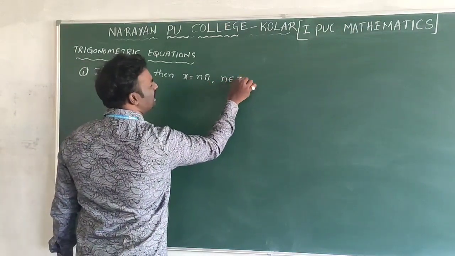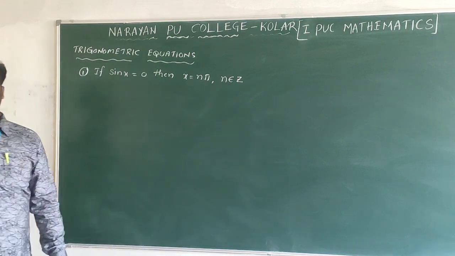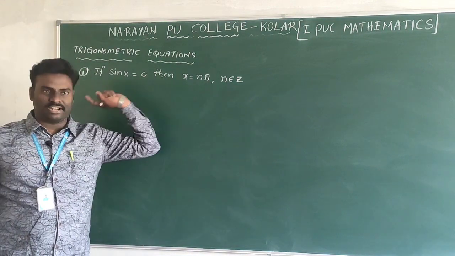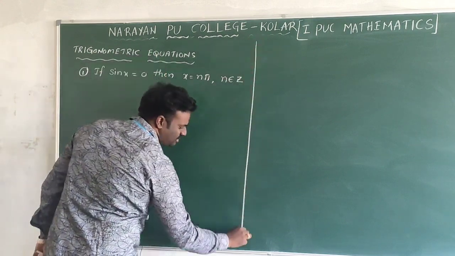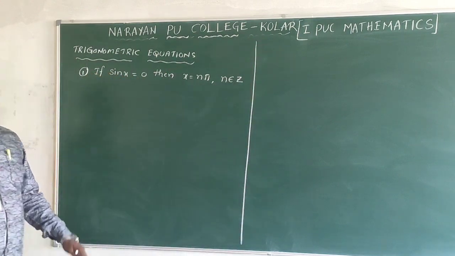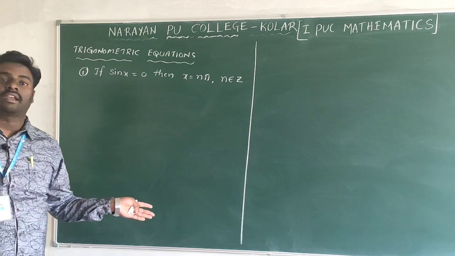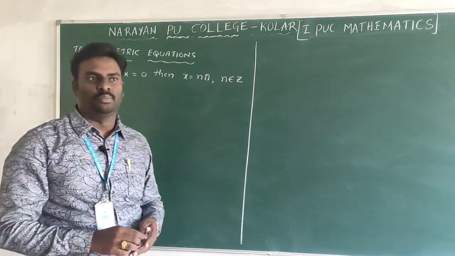Some textbooks write I also, that is also integer, but Z is correct, because earlier we learned integer is nothing but Z. So either positive or negative integers, both are included.